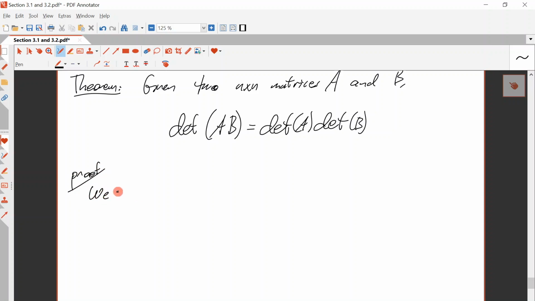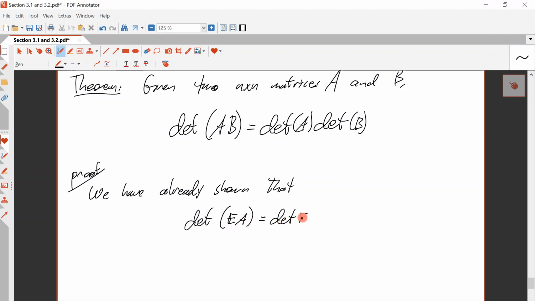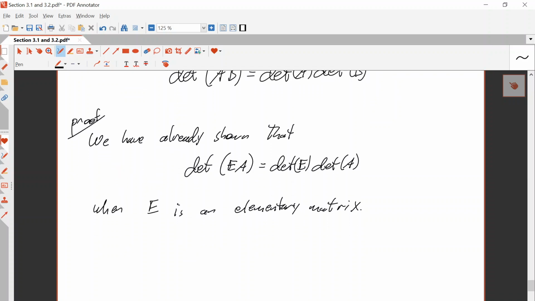We have already shown that the determinant of E times A is the determinant of E times the determinant of A, when E is an elementary matrix.